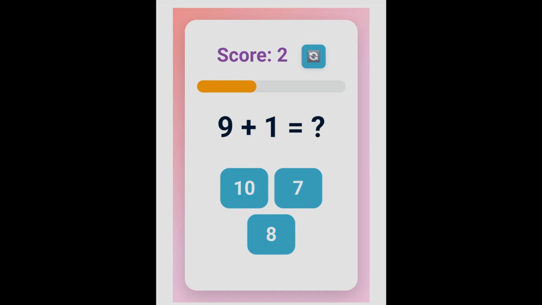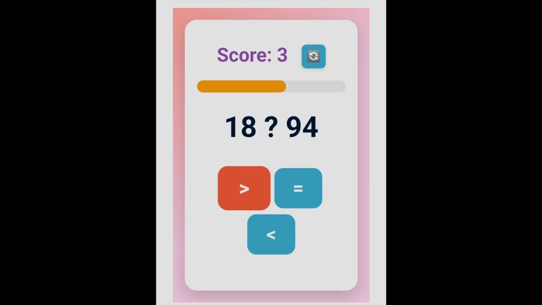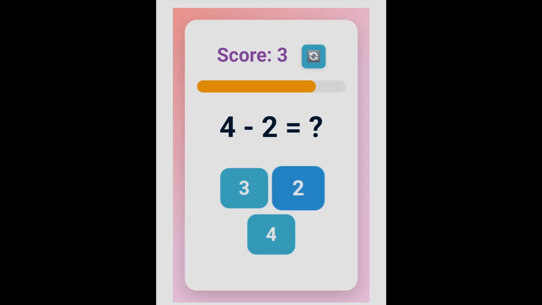There's 9, and I put 1 in. 1, 2, 3, 4, 5, 6, 7, 8, 9, 10. 94, 18. It's okay. We learn. 4 minus 2, take away 2, and it's 2.